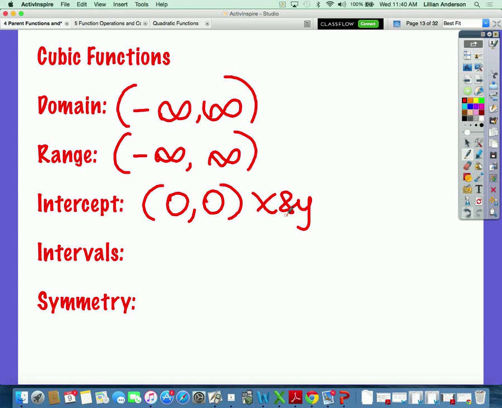Intervals. What's happening? I read from left to right. Not on the intercepts, that's the actual point, so those will always be parentheses. Only time you have to worry about the interval brackets is when you're doing domain and range. What's happening before 0?